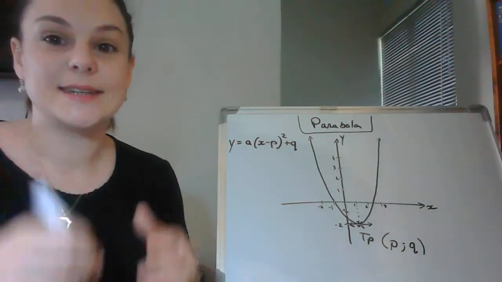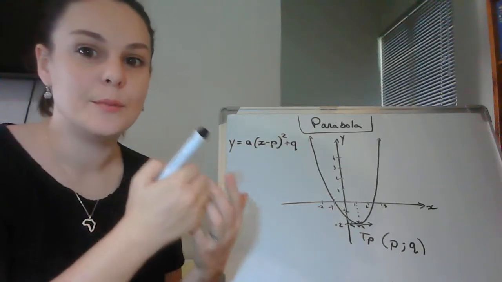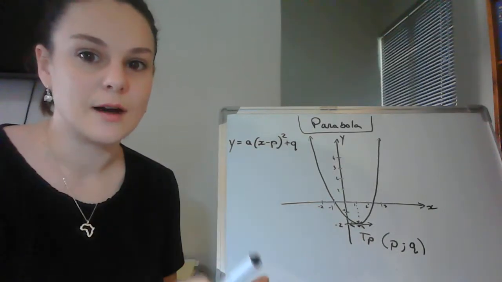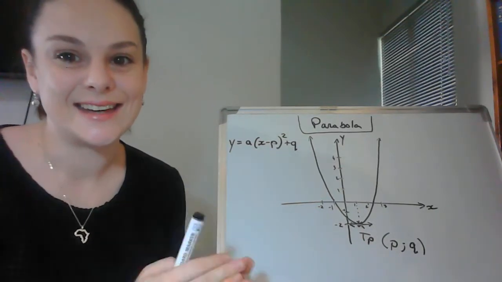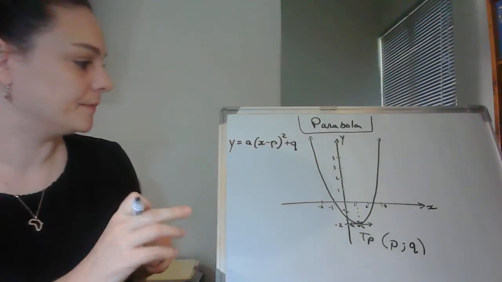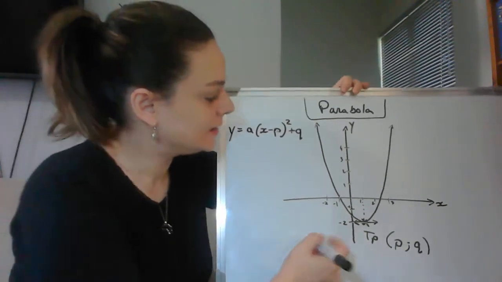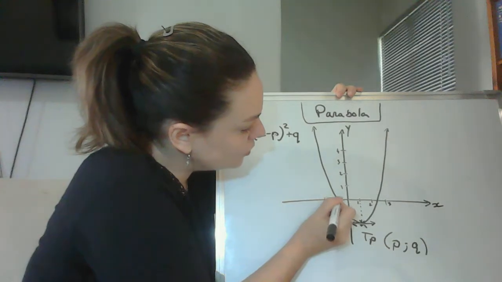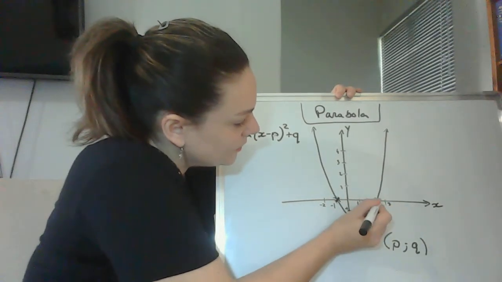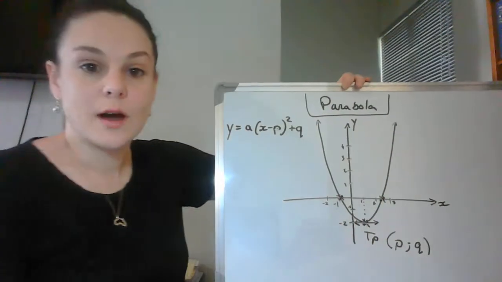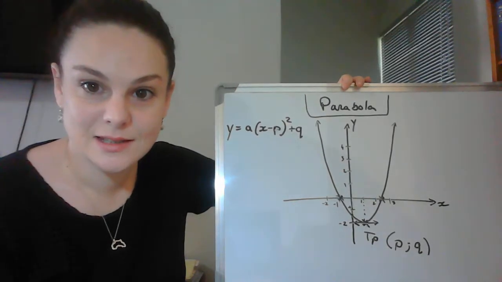The x-intercept is the point where the graph intersects the x-axis. So here, the x-intercepts are the 2 points where the graph crosses the x-axis.